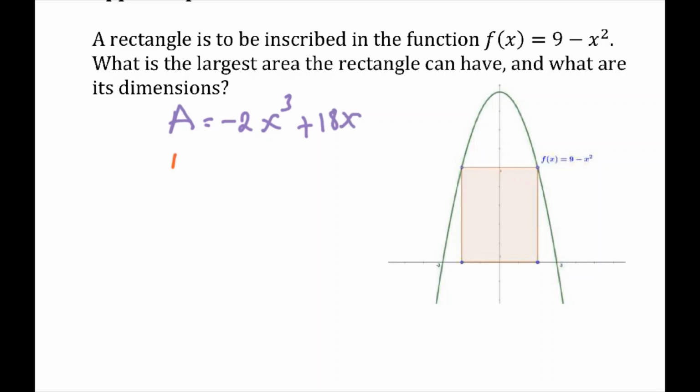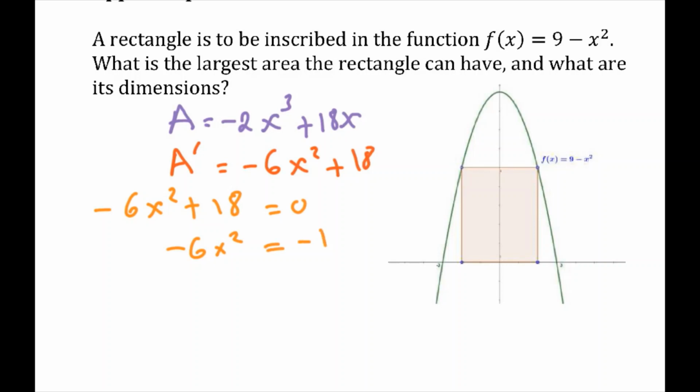The derivative is negative 6x squared plus 18, and then we make it equal to 0 to find the maximum and minimum points, the extreme values. And then when you take the square root of both sides, x will be positive or negative square root of 3.